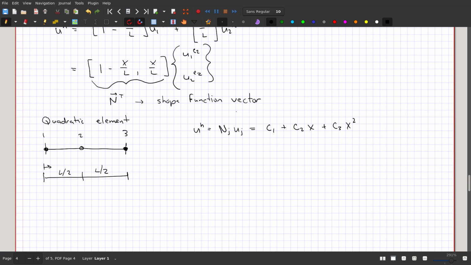If I let x transpose be equal to 1, x, x squared, the polynomial basis, then I could also write this as x transpose times c, where c is c1, c2, c3. So I'm just writing this in matrix form.